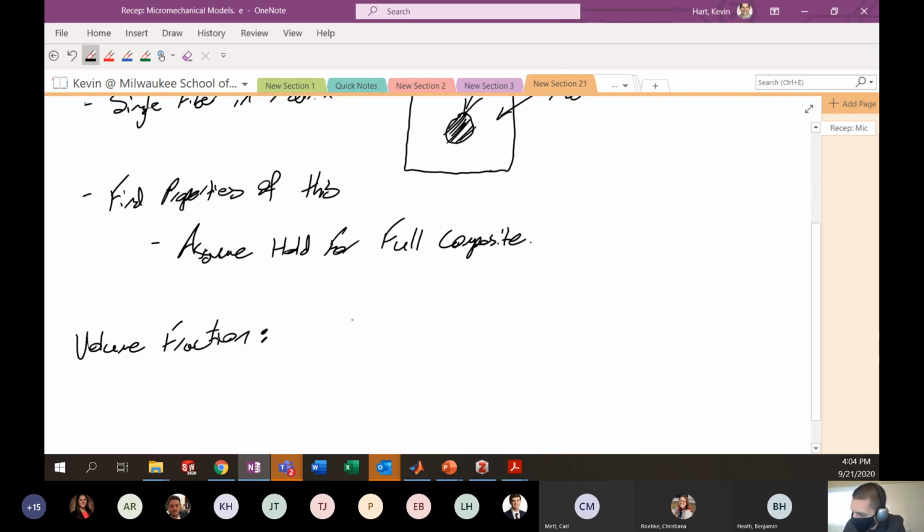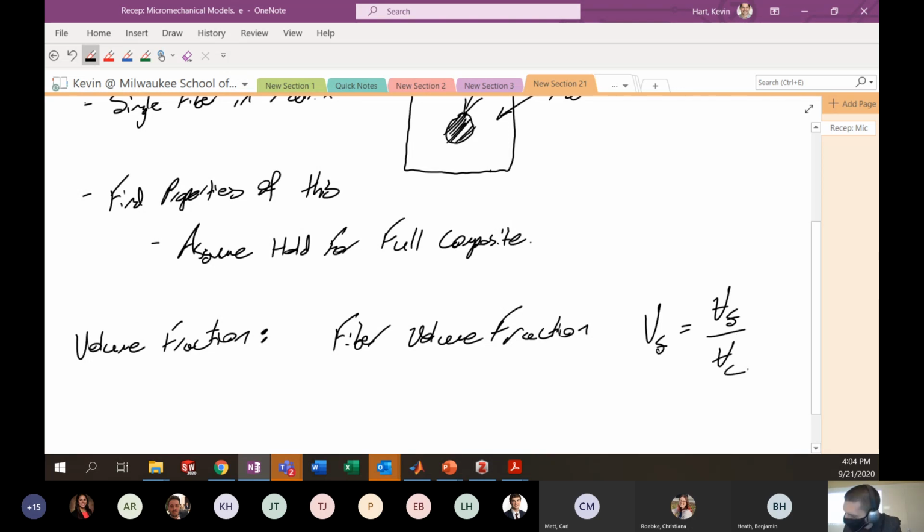We said that a fiber volume fraction, maybe something like capital V sub F, is the total volume of the fibers divided by the total volume of the composite. I'm not going to rewrite the definitions. I explained what these are last time. So volume fraction ranges from 0 to 1 or 0% to 100%, however you want to think of it.